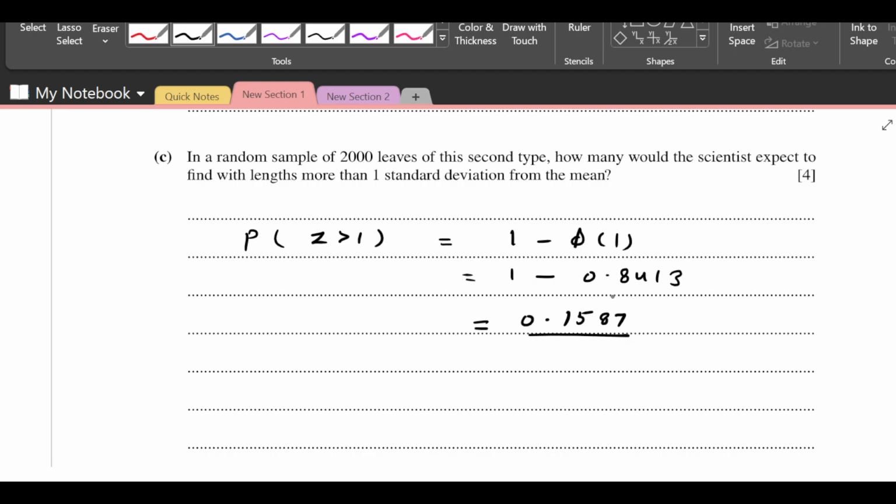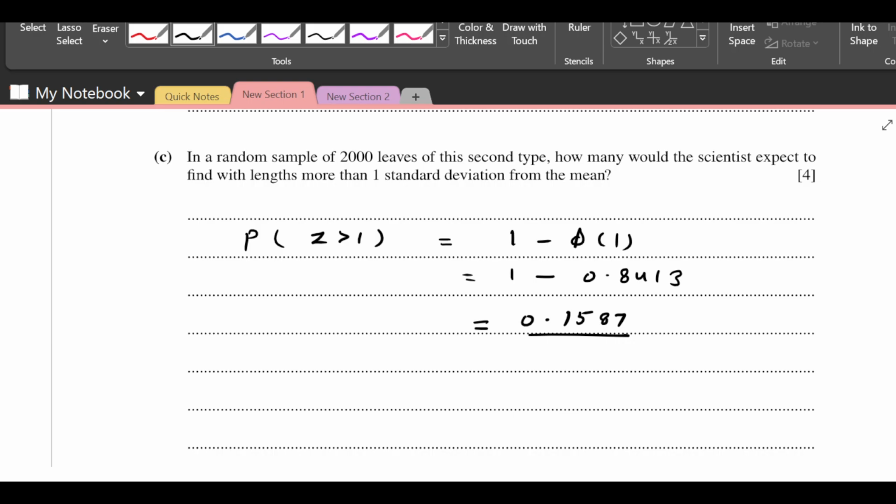So the probability of z greater than 1 is 0.1587. I have to find out of 2000 leaves how many we would expect to have more than 1 standard deviation. Now, with the probability we got, we simply multiply this value.